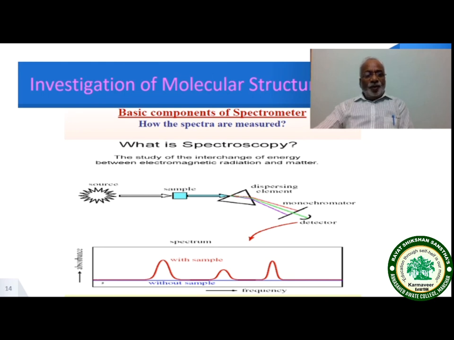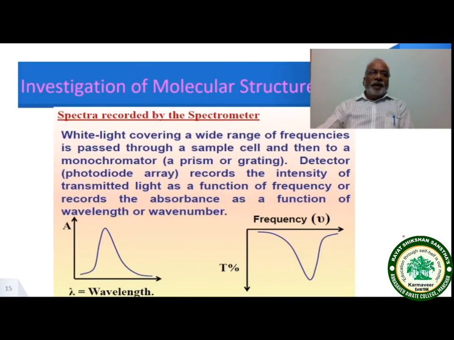Here you do not find any noise, it is a very clear, straight line. Noise is completely absent here, and that's why the intensity, or in other words the absorbance of the peaks, will be correctly measured. Now these are the different spectra recorded: absorbance or percent transmission versus frequency or wavelength.